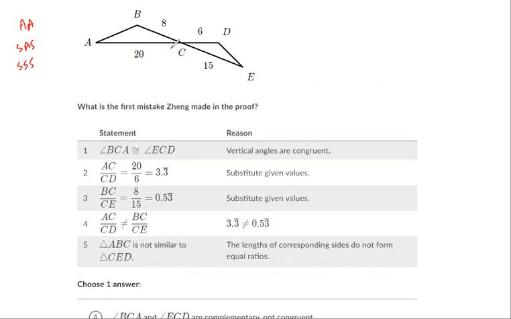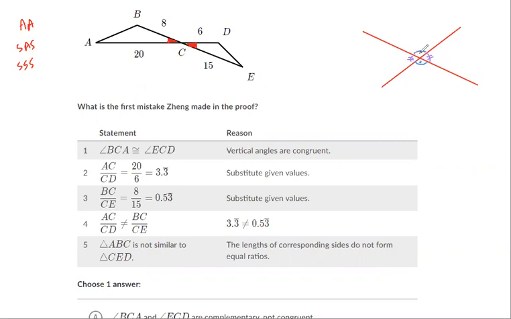Okay, so we have something going on right here. Before we look at the choices, I'm going to just draw whatever I can. So now these two angles are actually congruent to each other, because if you have two lines intersecting at a point, the angles on the opposite sides, these two guys, are called vertical angles.